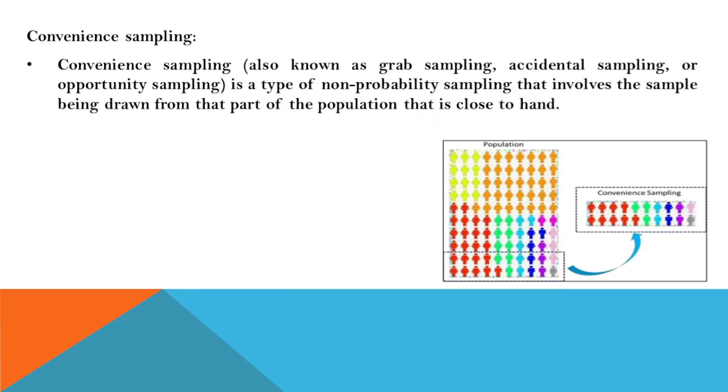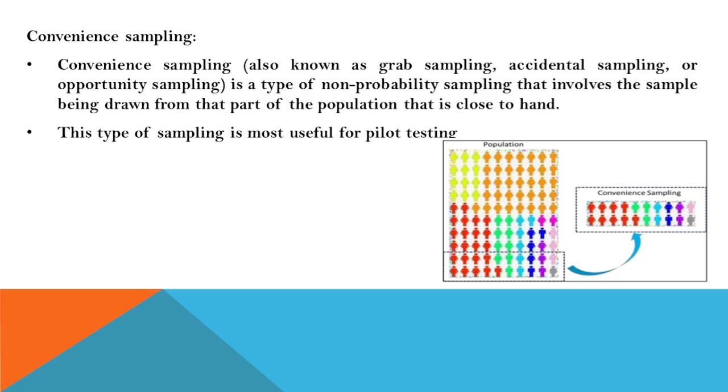Now let's see each type of non-probability sampling. One is convenience sampling. It is also known as grab sampling, accidental sampling, or opportunity sampling, which is a type of non-probability sampling that involves the sample being drawn from that part of the population that is close to hand, or the selection could be based on ease of access.